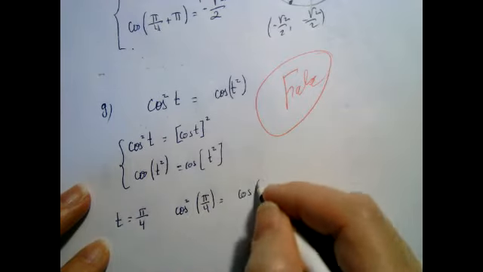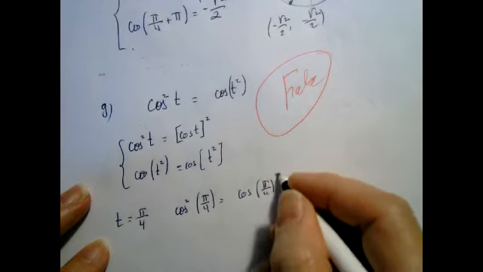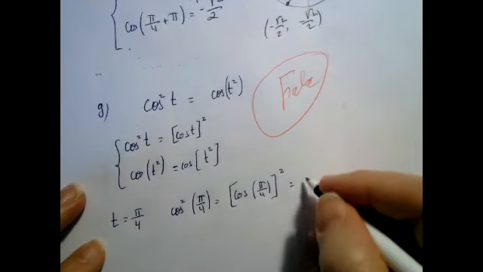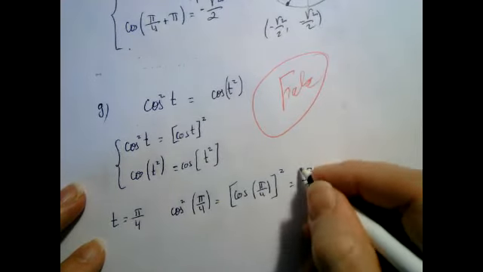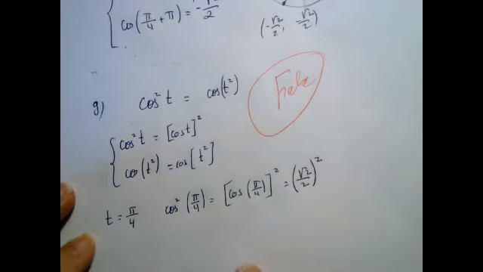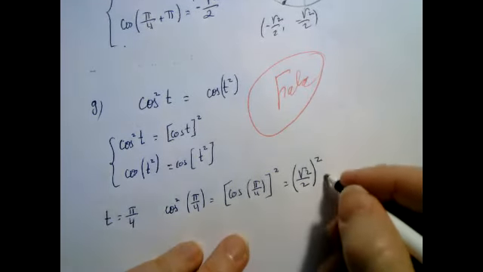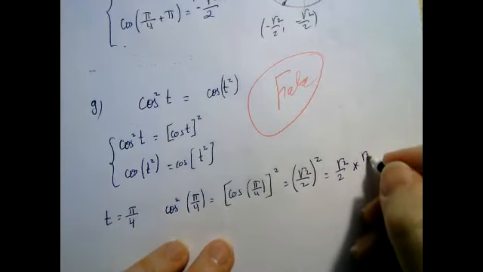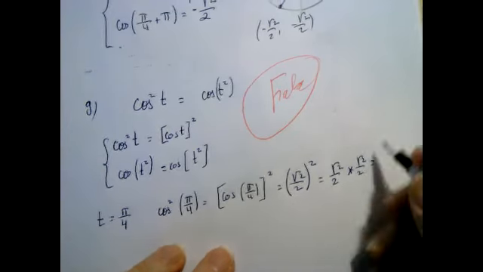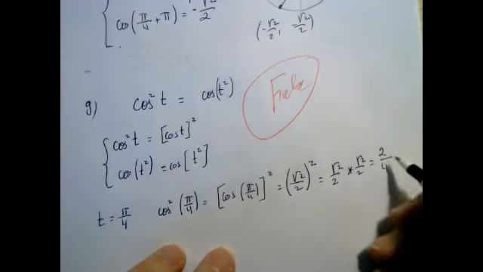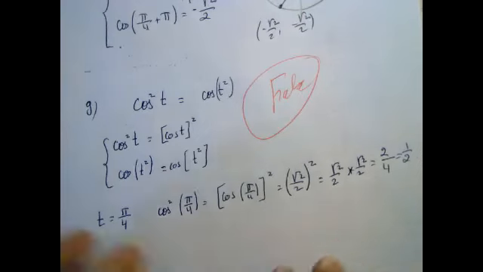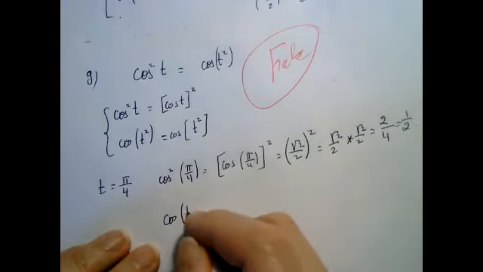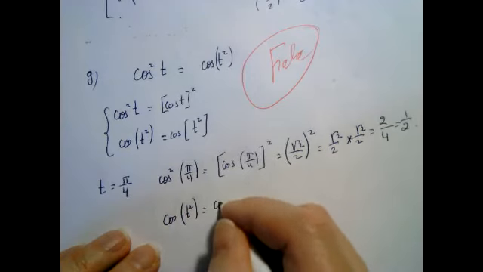That's the cosine of pi over 4, which is the square root of 2 over 2, and you square the whole cosine, which gives square root of 2 over 2 times square root of 2 over 2. This gives 2 over 4, which is a half. However, when I compute cosine of t squared, this means the following.